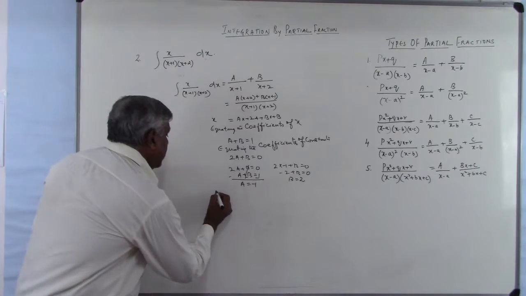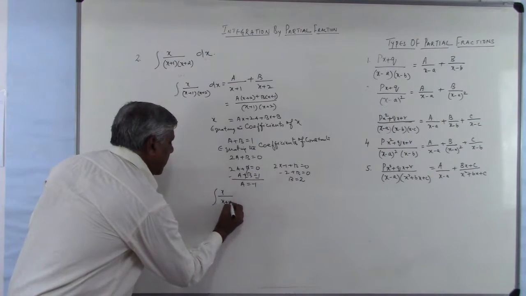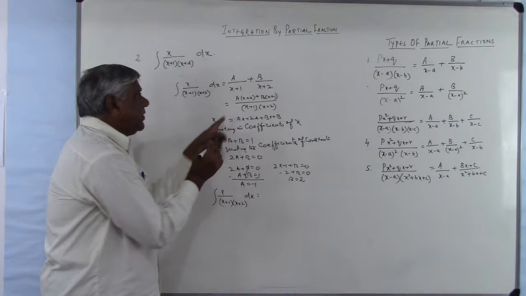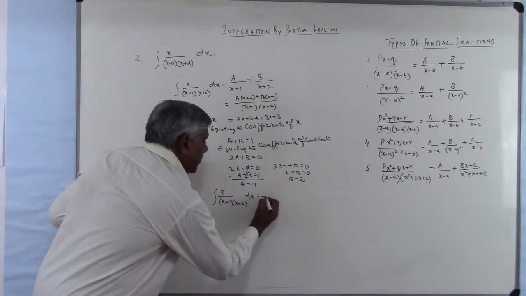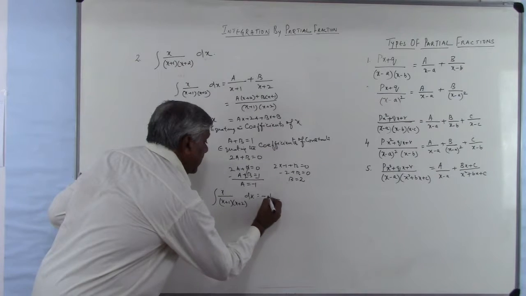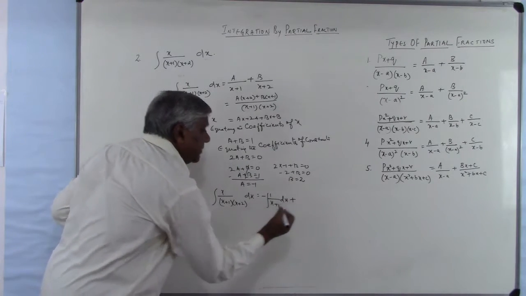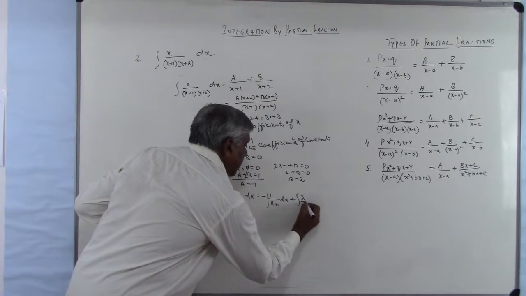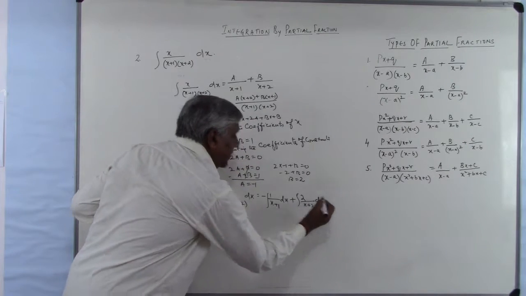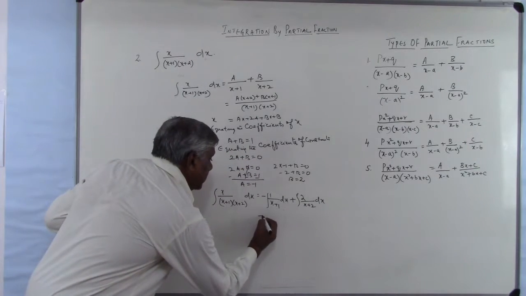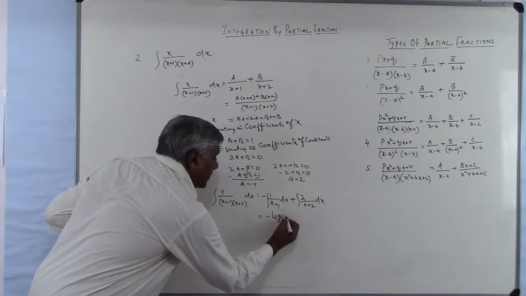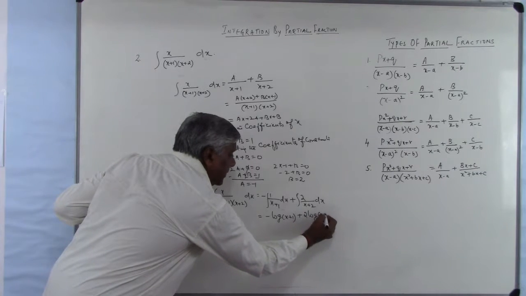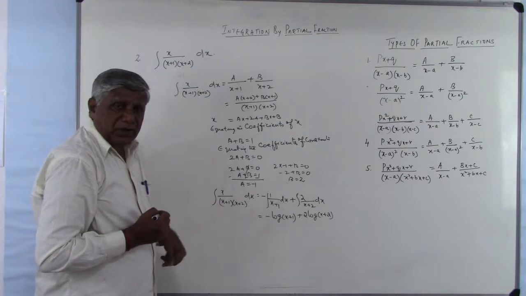Now integral x by x plus 1 into x plus 2 into dx becomes, what is the value of a? a is minus 1. Minus 1 over x plus 1 integral dx plus, what is the value of b? It is 2. 2 integral divided by x plus 2 into dx. Now this is nothing but minus log of x plus 1 plus twice log of x plus 2, or minus log of x plus 1 plus twice log of x plus 2.